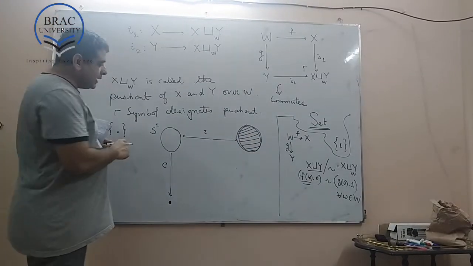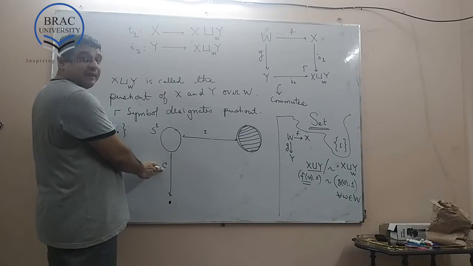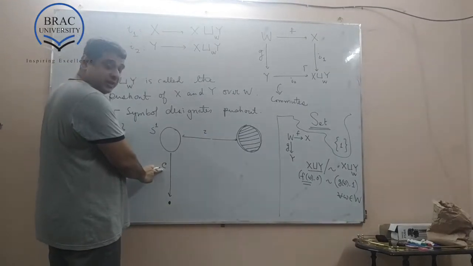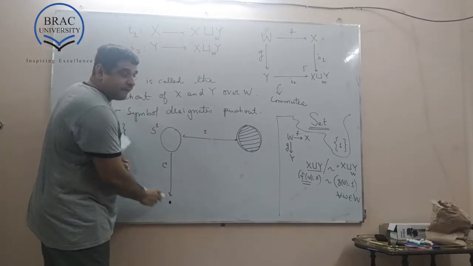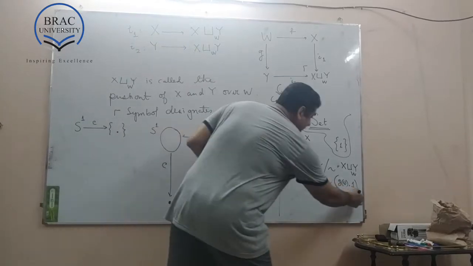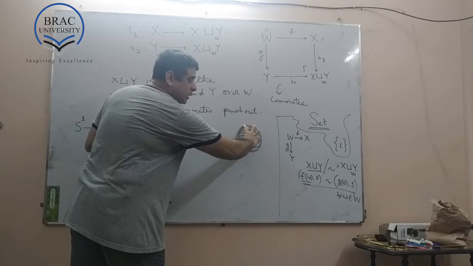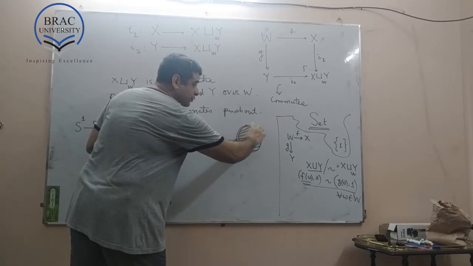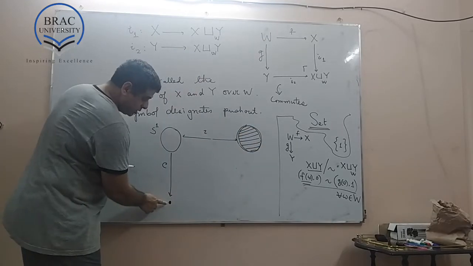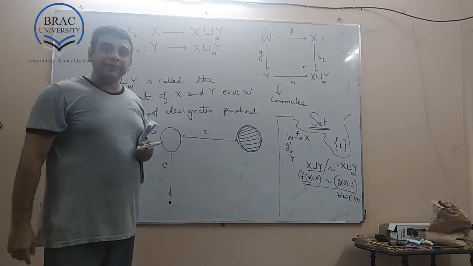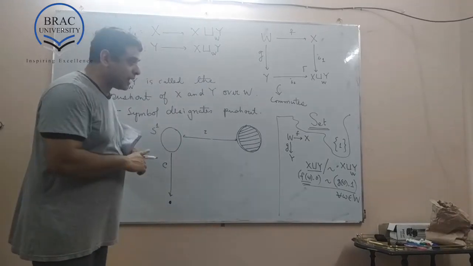And what will be the image of this continuous map g? A single point. And the equivalence relation tells you that you have to identify this boundary with this point. What does that mean?